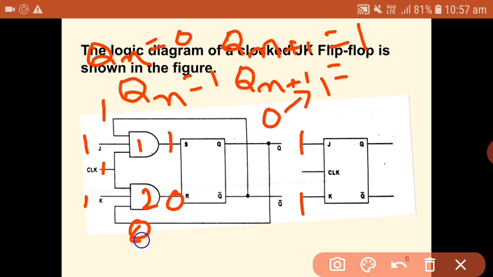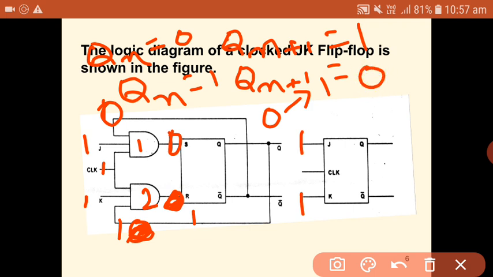That means Q is equal to 1, means here you will be getting 1 input and here you will be getting 0 input, because when you are assuming Q as 1, all the inputs to the second AND gate become 1, so the output of second AND gate will be 1 and the output of first AND gate will be 0, because one of the inputs, that is Q bar, becomes 0 when you are assuming Q as 1, and that happens to be one of the inputs to the first AND gate. So the output of first AND gate becomes 0 and the output of second AND gate becomes 1. So for S is equal to 0 and R is equal to 1, what output will you be getting? You will be getting the output as 0.